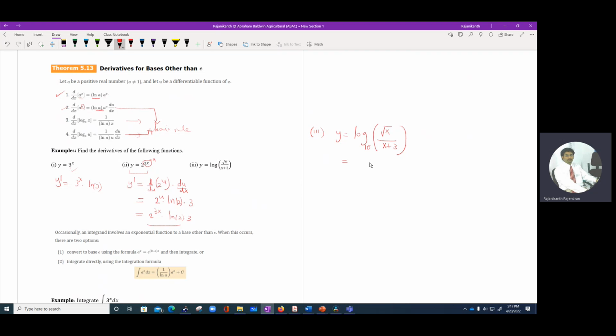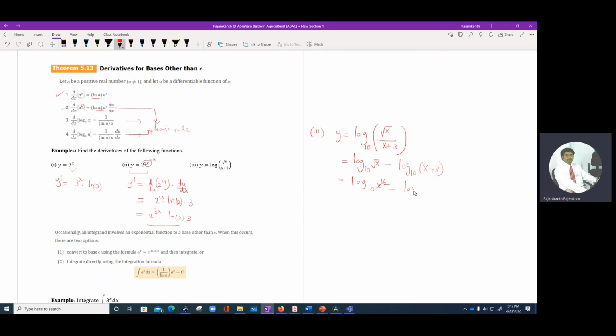So by using the log property, log a over b, I could rewrite this as log base 10 of square root x, subtract log base 10 of x plus 3, right? Now we all know square root x is nothing but x to the power half, right?